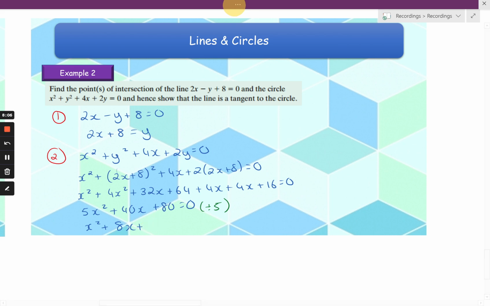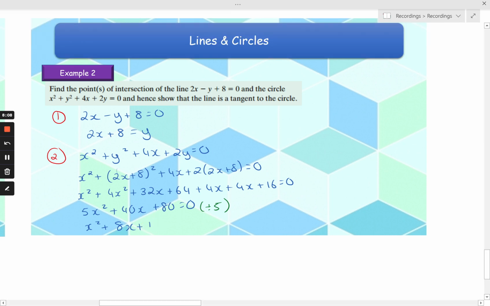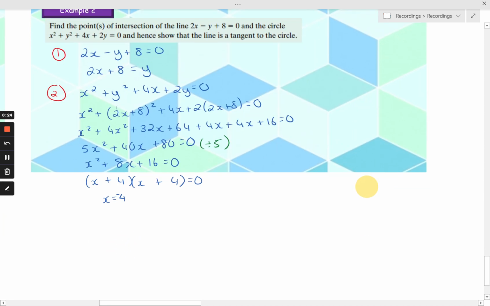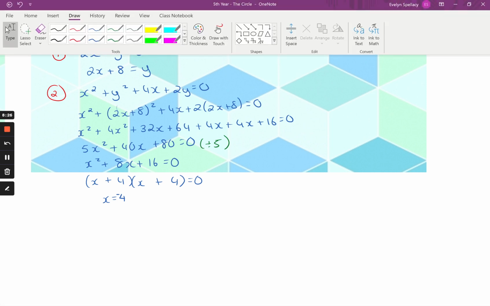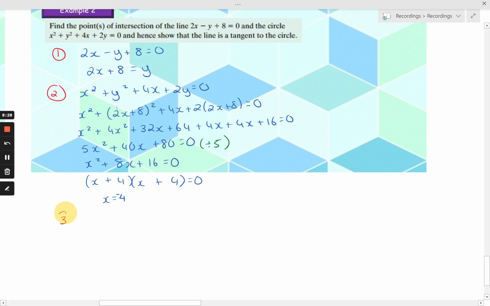Okay? Which means now we're looking at the factors of 16, which I can see are 4 and 4. Okay? So we have 4 and we have 4. Both are going to be plus, which means in this case we're actually only going to have 1 point of intersection, which is that x is equal to minus 4. For step 3 now, I need to go back and find y.